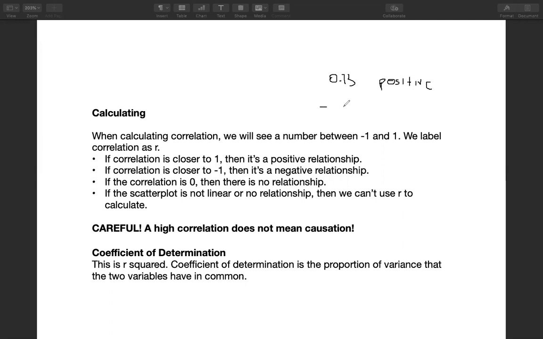If we had negative 0.12, this is technically negative, but it's getting kind of close to no relation because it's pretty close to 0. Negative or no relation, getting close. If we had one dead on 0, there's no question about it, there is no relationship.